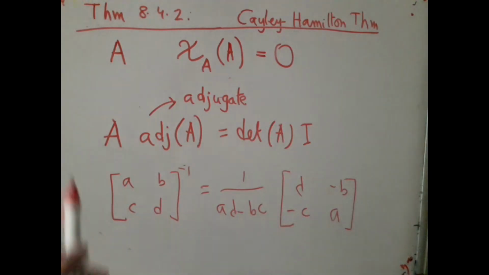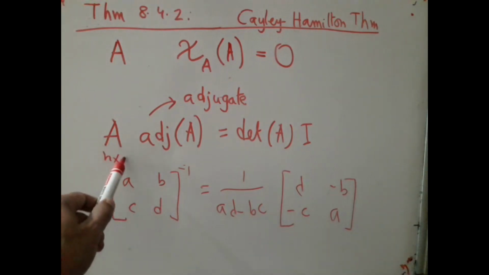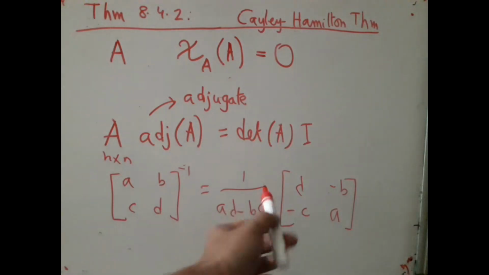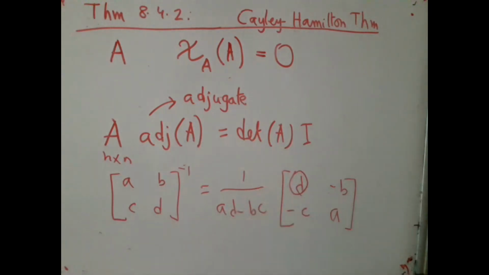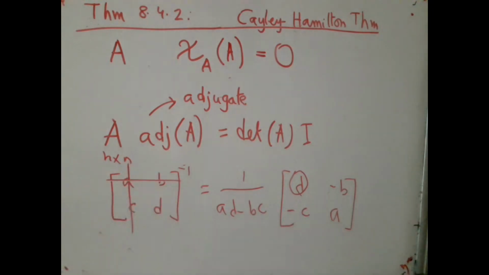If your original matrix is n by n, this matrix is also another n by n matrix, and in order to find its ij-th entry, you look at this entry and you strike out everything in its row and in its column. Whatever remains, in general, will be an n minus 1 by n minus 1 matrix.